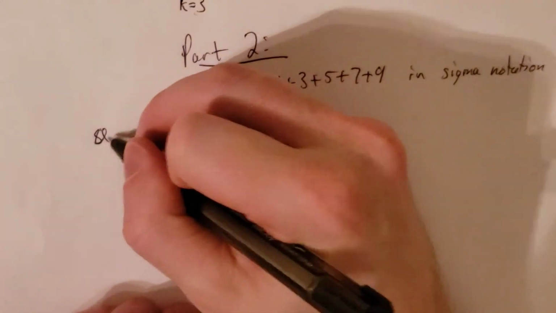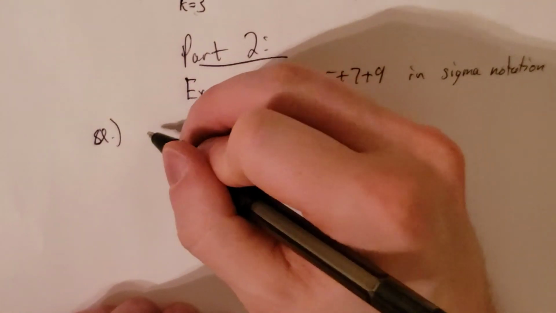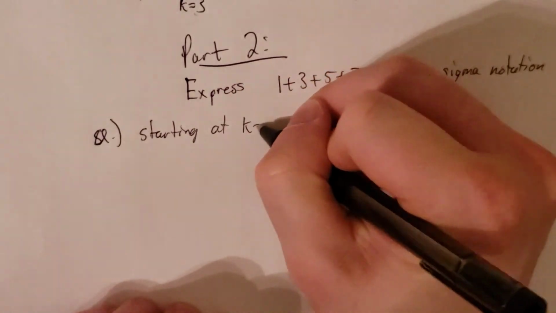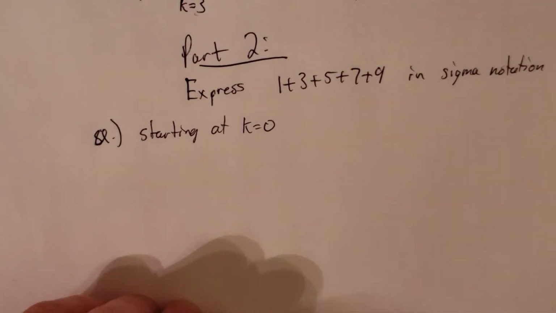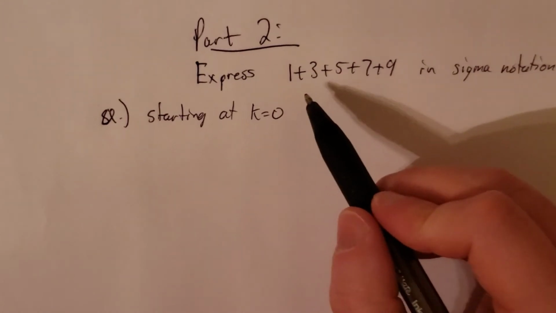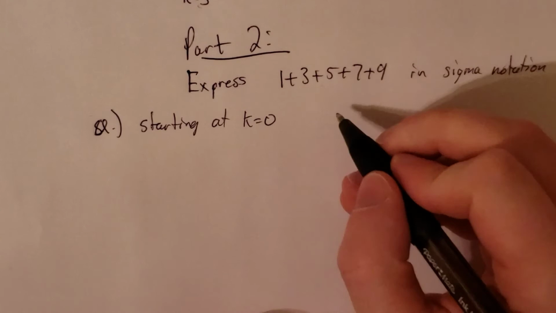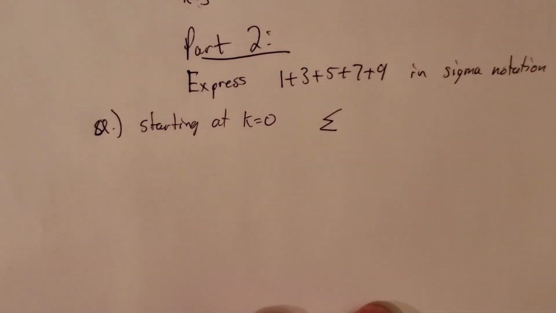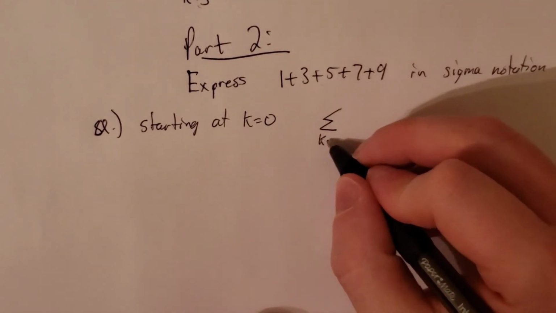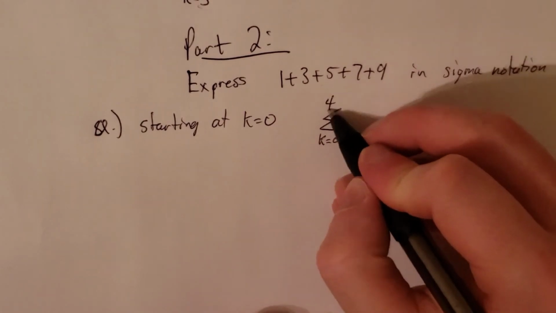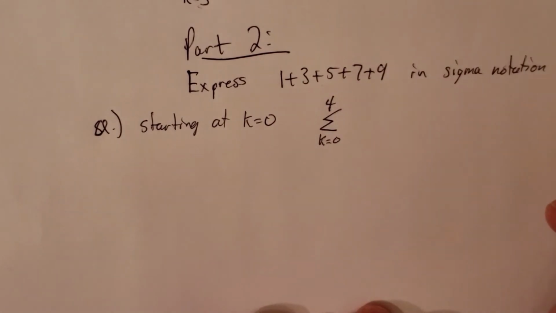For part A here, we're going to start at k equals 0. Now, what do we notice? First off, there are 5 terms here, so we need to have 5 terms. If we start at k equals 0, this means that we run all the way up through 4, right? 0, 1, 2, 3, 4 is 5 terms.